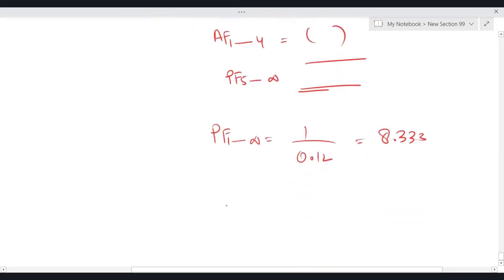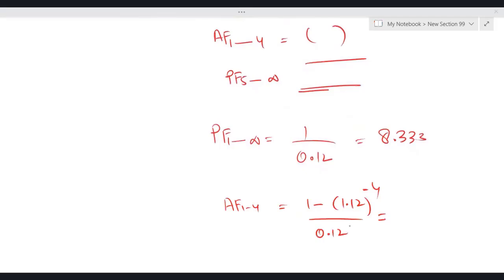Let's calculate the annuity factor for the first 4 years: 1 minus 1.12 power minus 4, divided by 0.12. Let's use the calculator. I'm getting 3.037.